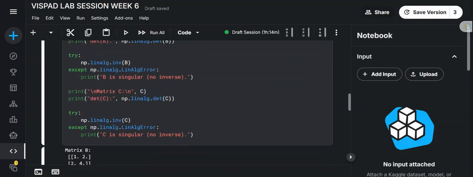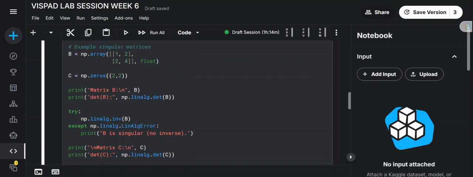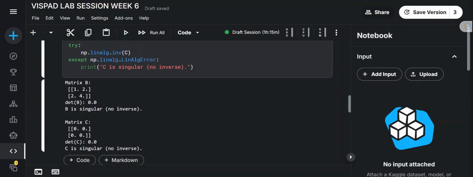So first we calculate the determinant of B. After finding the determinant of B, we see that the determinant of B was 0, and already we've confirmed that it's a non-invertible or singular matrix. It's that simple.